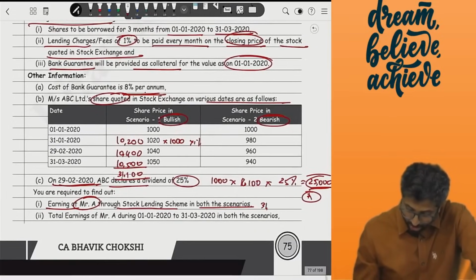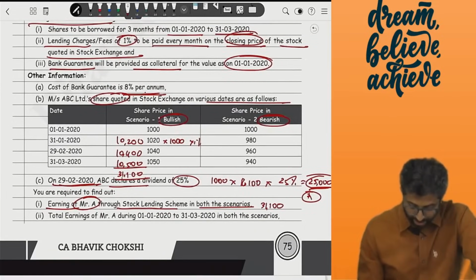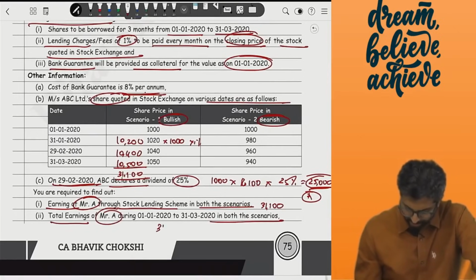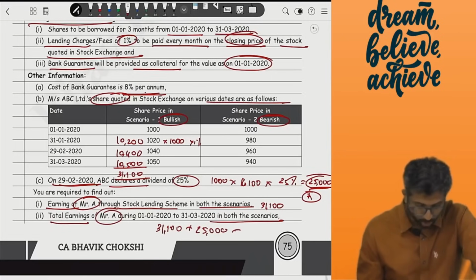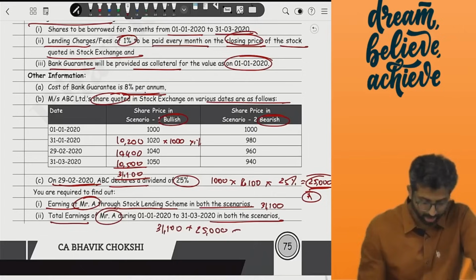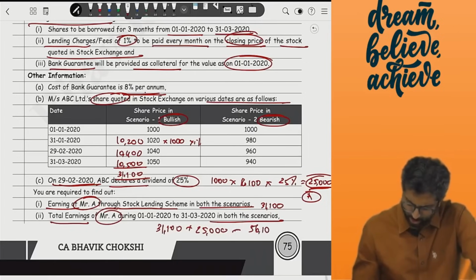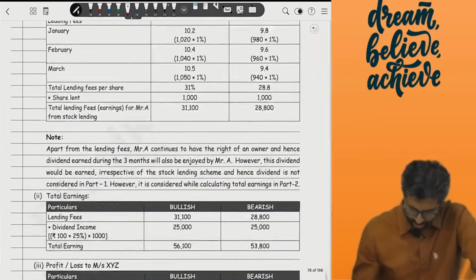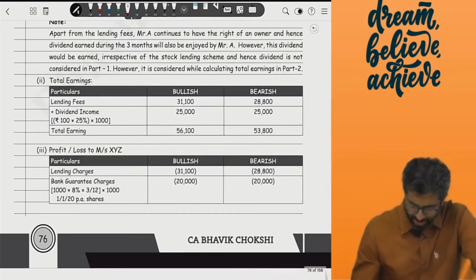This is purely due to stock lending. Second, total earnings of Mr. A during this period under both scenarios. So in the first scenario, 31,100 you will earn. Other than that, 25,000 you will also earn because you are going to get the dividend. Total earnings including dividend is 56,100.